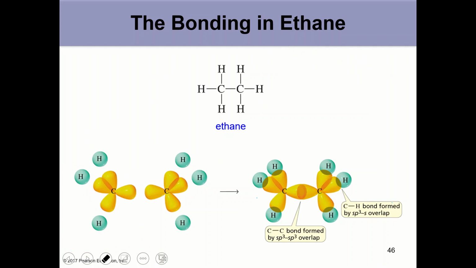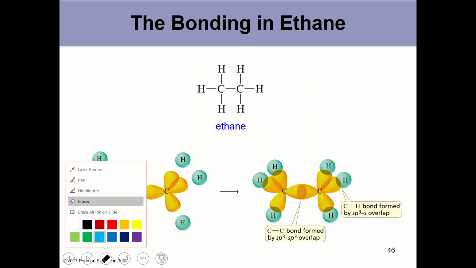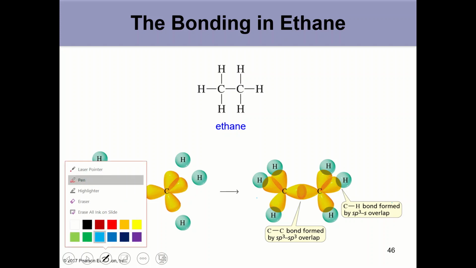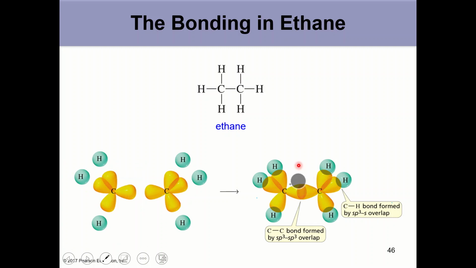So each of these carbons, when they have 4 bonds, has sp3 bond orbitals. So when they bond to hydrogen, it's an sp3 to s orbital sigma bond. But since carbon's only orbitals are sp3, when a carbon to carbon bond forms, then that is an sp3 to sp3 sigma bond, as shown here.